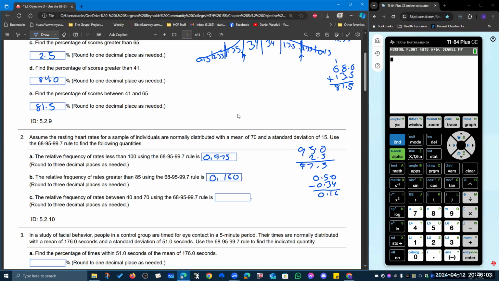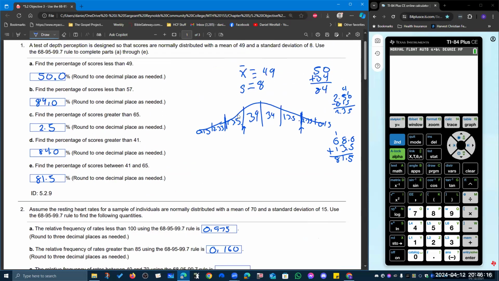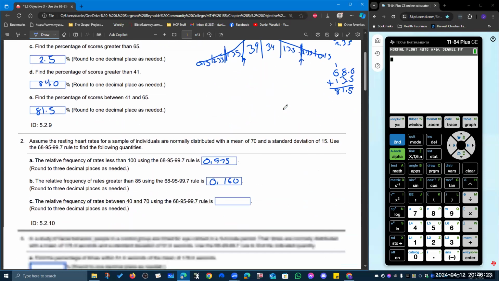And then between 40 and 70. So 40 is 2 standard deviations to the left. And so that is going to be 47.5%.